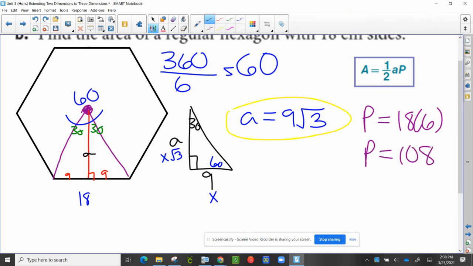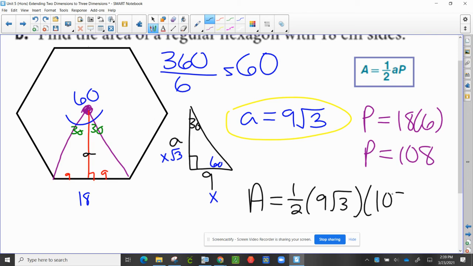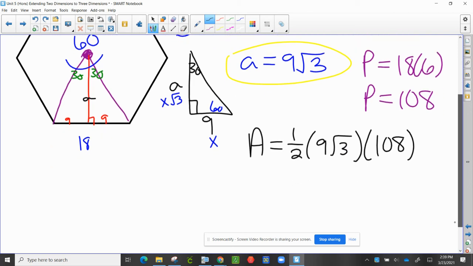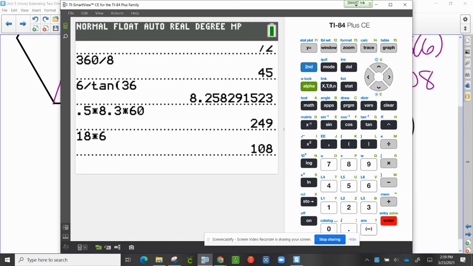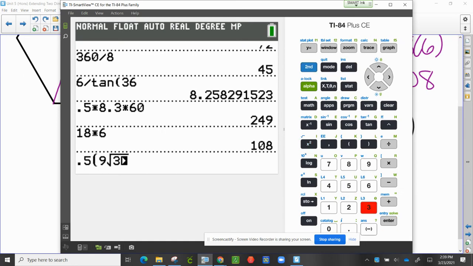So our area of our regular hexagon is 1/2 times 9 root 3 times 108. So let's just throw that all in our calculator, and we are done. 1/2 times 9 root 3 times 108.